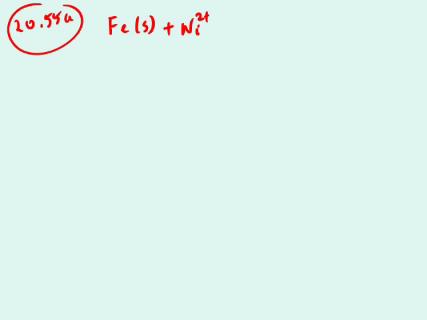So this is problem number 20.55, and we're going to do part A. Let me write down the reaction, which is Fe solid plus nickel 2 plus aqueous, giving Fe2 plus aqueous plus nickel solid.